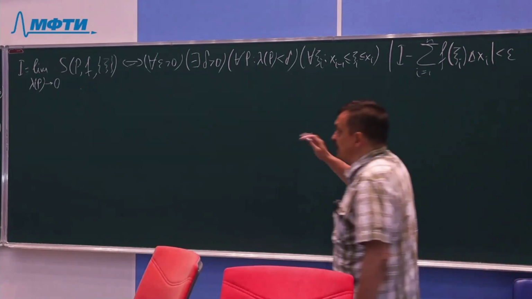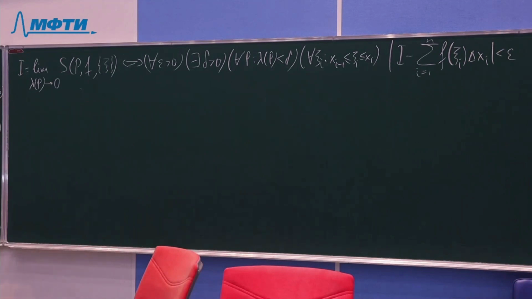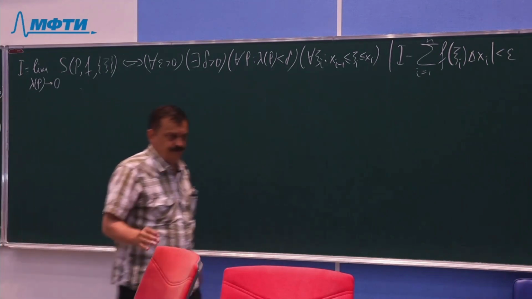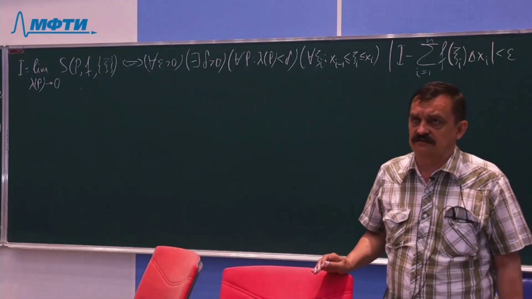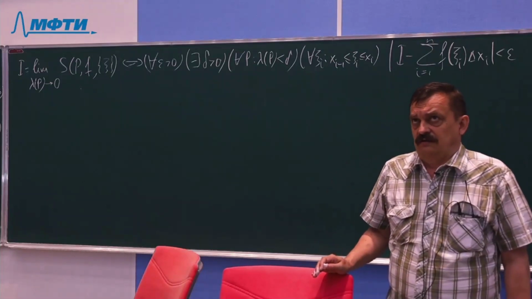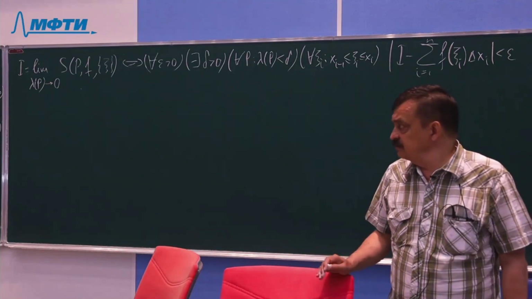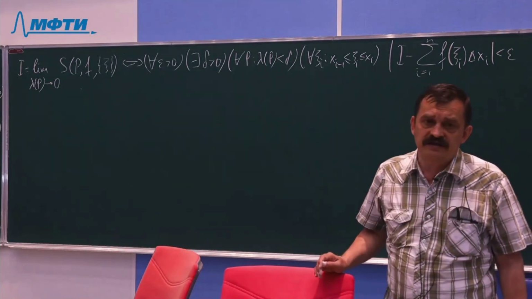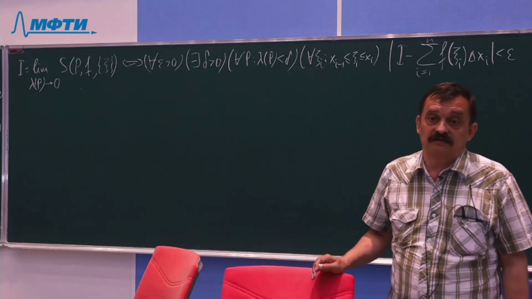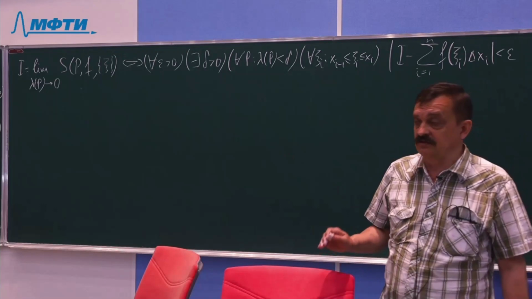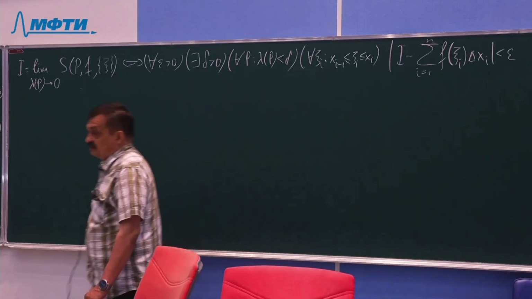Please don't try to remember this definition in terms of limit on a base. That is not necessary, because limit with the help of a base is another story, rather complicated, and we didn't touch it with sufficiently many details.